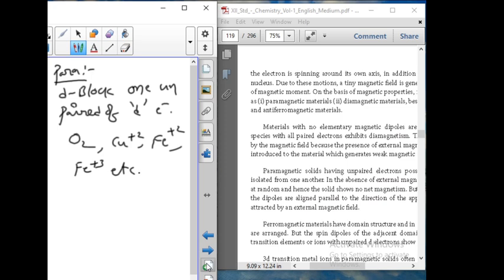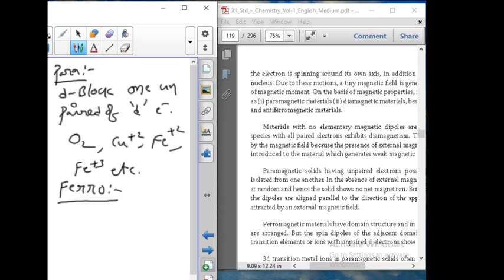Next, ferromagnetic substances. In ferromagnetic materials, the magnetic dipoles are arranged in domains, but the spins of the dipoles in adjacent domains are randomly oriented. Some transition element ions with unpaired electrons are shown below.